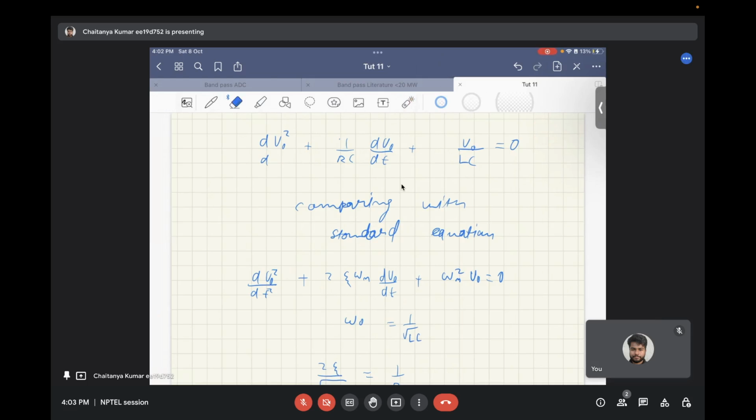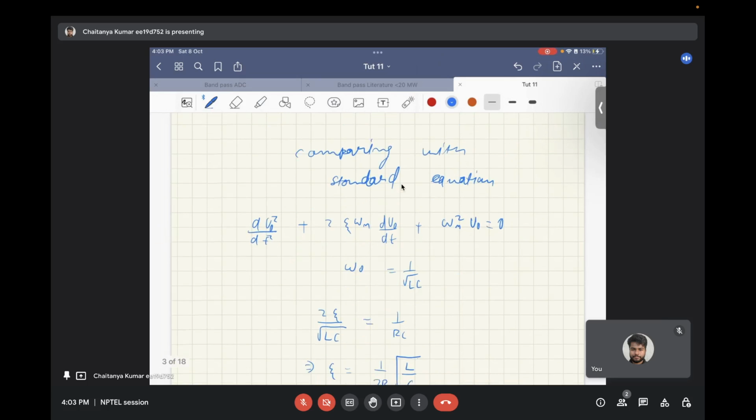d square V naught by dt square plus 1 by RC times dV naught by dt plus V naught by LC equals 0.